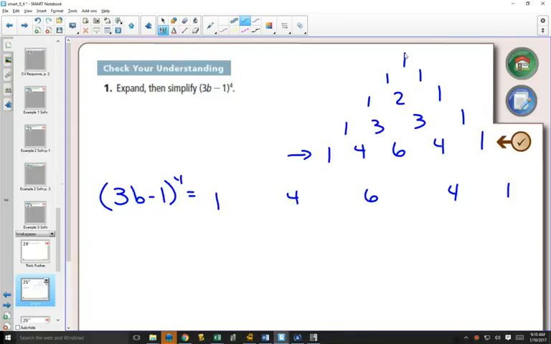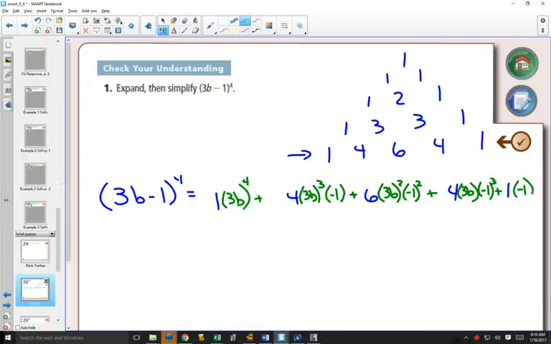Did you notice that you started with the first one to the power of 4? Plus, then you had the first one to the power of 3 and the second one to the power of 1. Then the first one squared and the second one squared. Then the first one just once and the second one cubed. And finally, the second one to the power of 4.